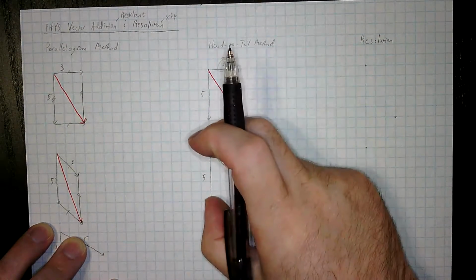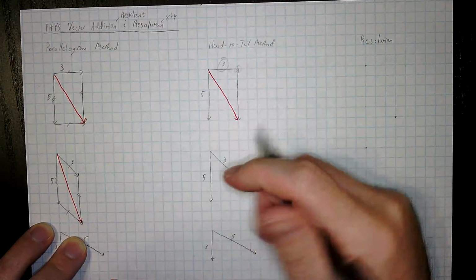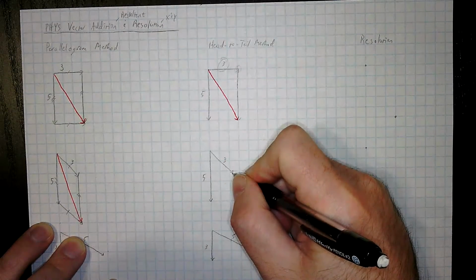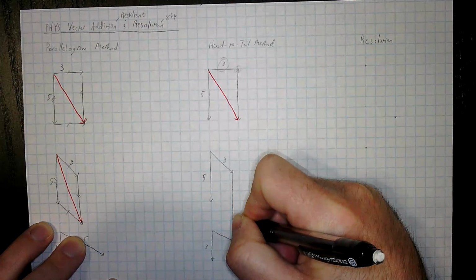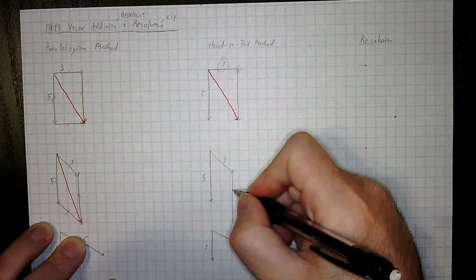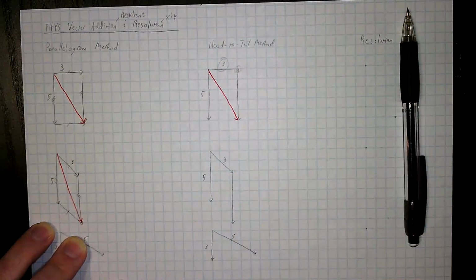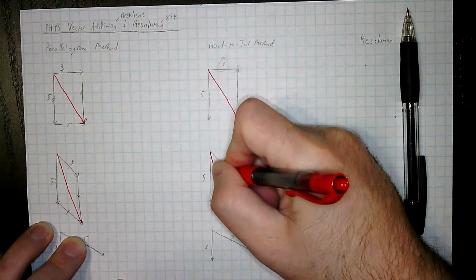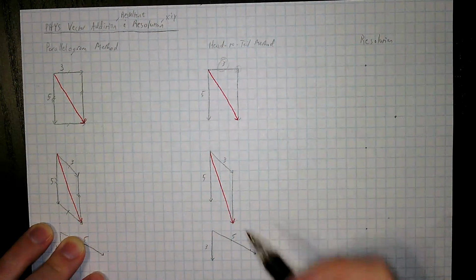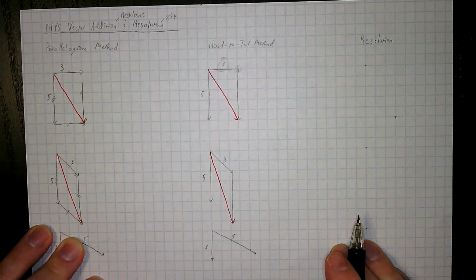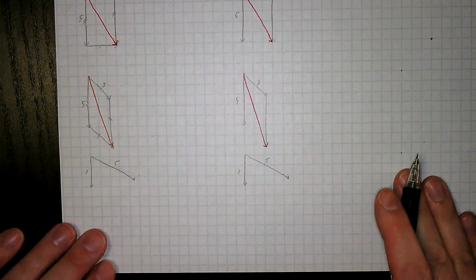Whereas with the head-to-tail method, I'm going to take the 3 here as my head again, and I'm going to move that one to there. And there's our resultant vector. And again, our answers are the same here. It's just a different method of getting there.